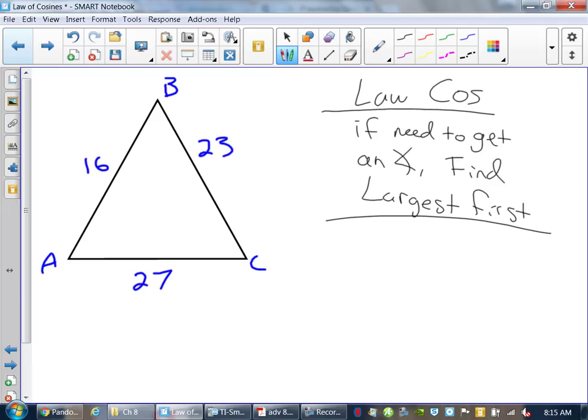Find what would be the largest angle first. And we all know how to do that, right? Figure out which one's going to be the largest angle. Which one's the largest angle in here? B. Good.